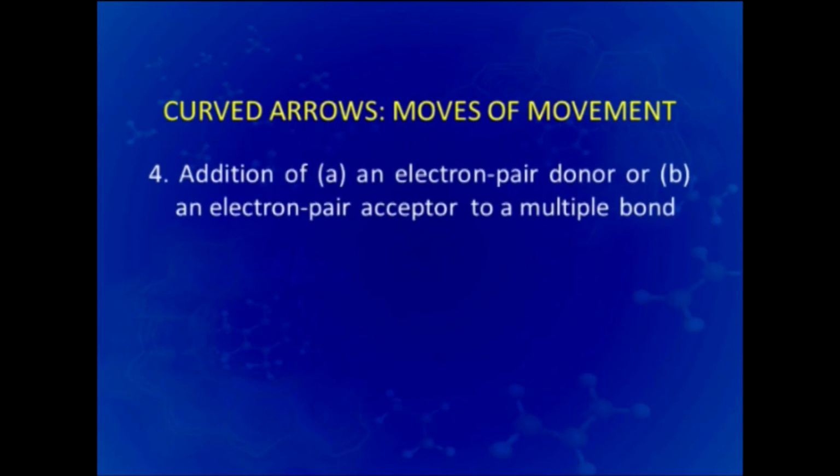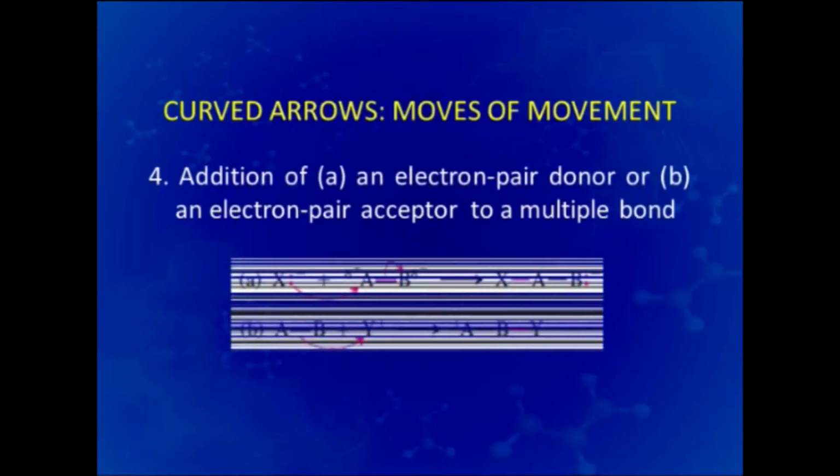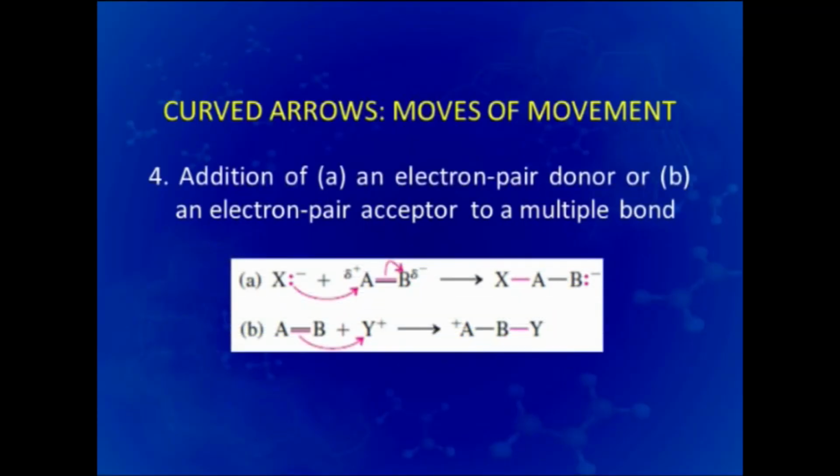Then we have the addition of an electron pair donor or an electron pair acceptor to a multiple bond. You know that multiple bonds have the ability to get saturated during the course of a reaction, by accepting an electron pair or a charged species which can donate an electron pair to the one which is electron deficient, leading to the formation of a saturated compound, as is shown here.